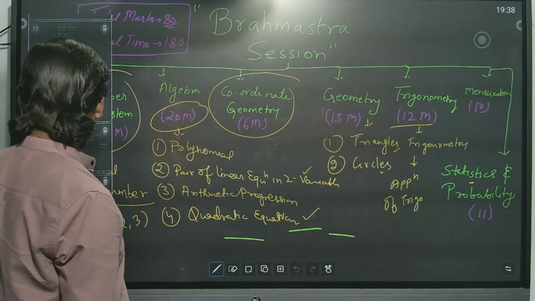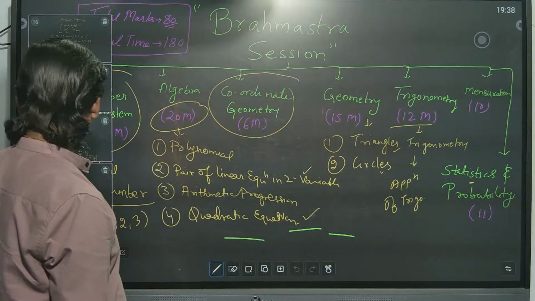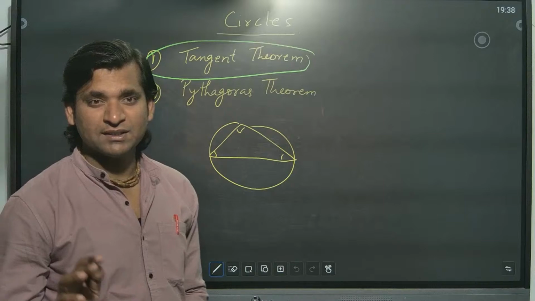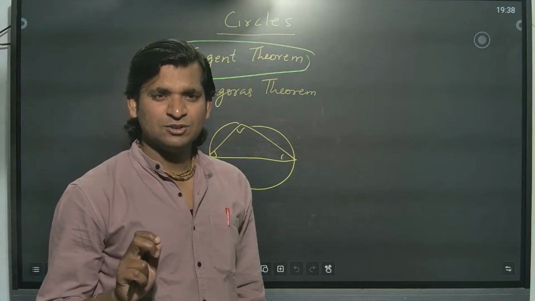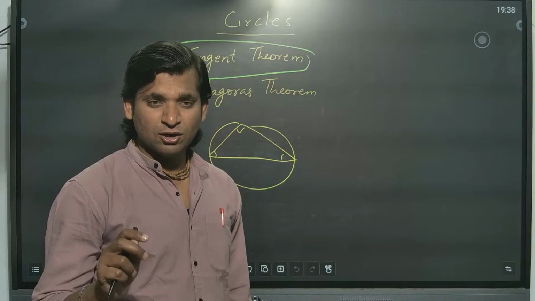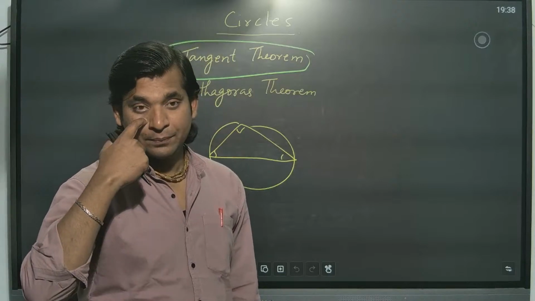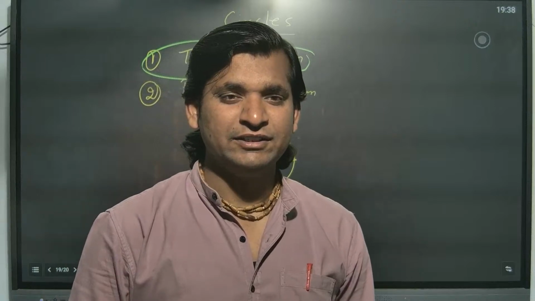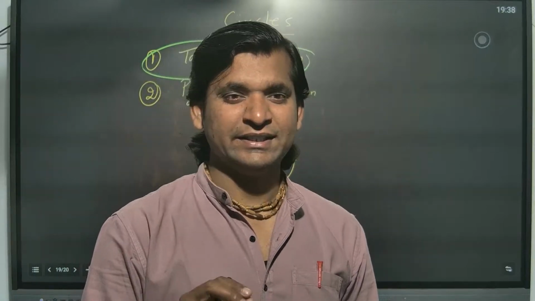If you lose, then you have to lose the marks. So for these two chapters, do more questions, or do this chapter today only, because these two chapters are the most difficult, I can't say, but tricky.